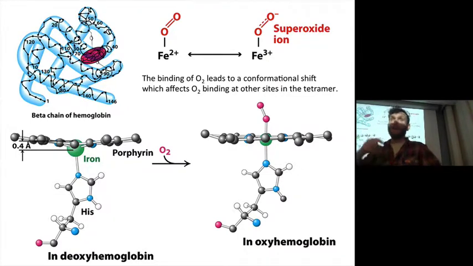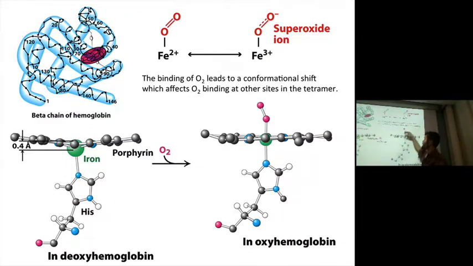And by so doing, I'll just give you a little bit of the punchline now, it's going to affect the ability of those other subunits to bind oxygen. All right, so the binding of oxygen in one site is going to affect how readily oxygen is bound in other sites. So we're not going to get just a purely linear relationship here.